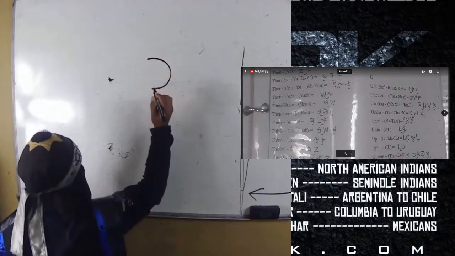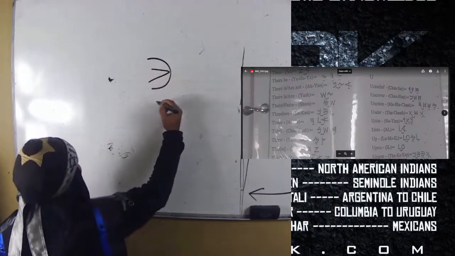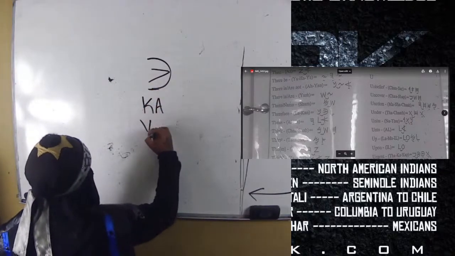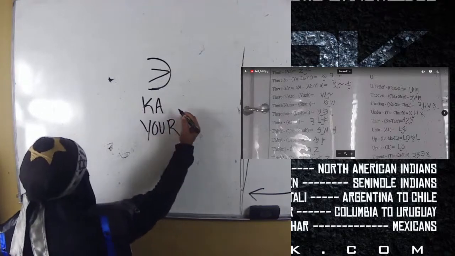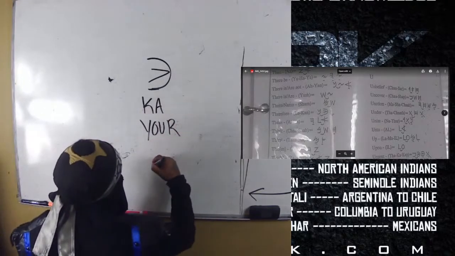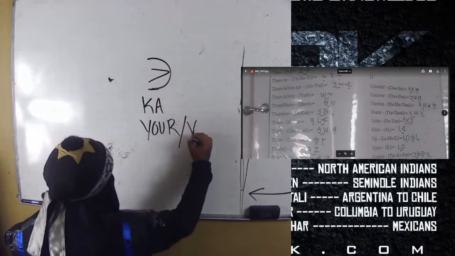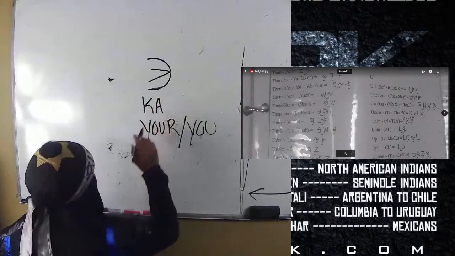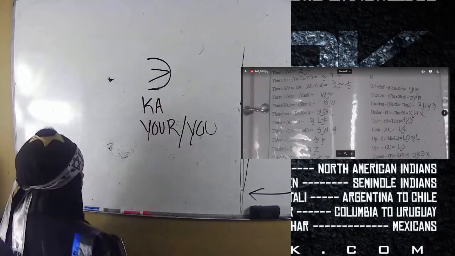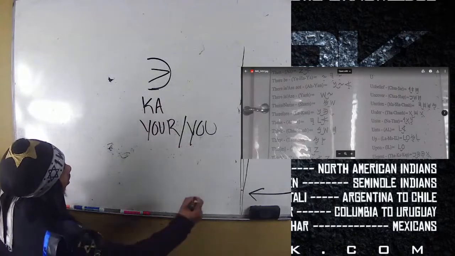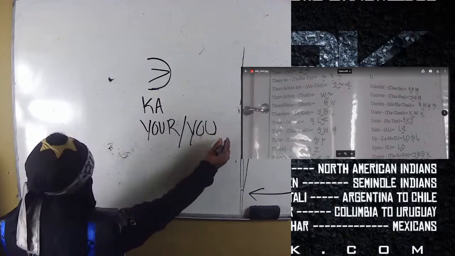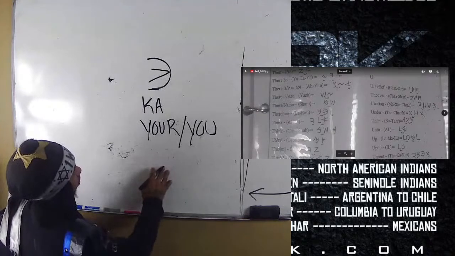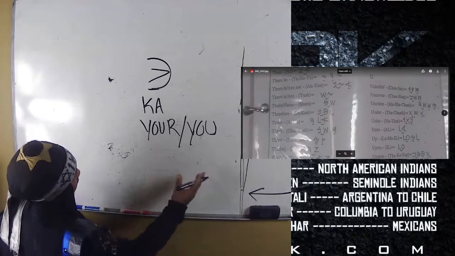Ka. Ka is the character that means your, right? Your singular, right? But in the hood or in slang, it means you. Ka, you or your. And I can't say that it's just singular because we use it as plural. Forgive your debt. It's singular.